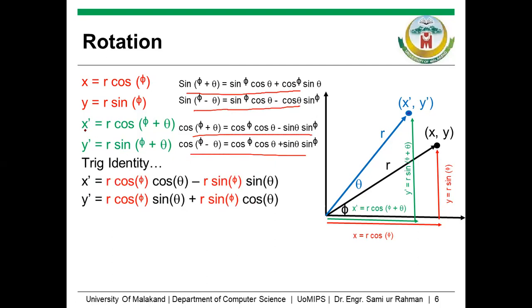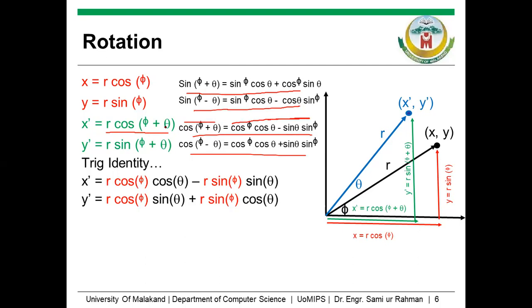Now we have to look at this combination, r cos(phi plus theta). Cos(phi plus theta) is this one, and this portion is replaced with this component.